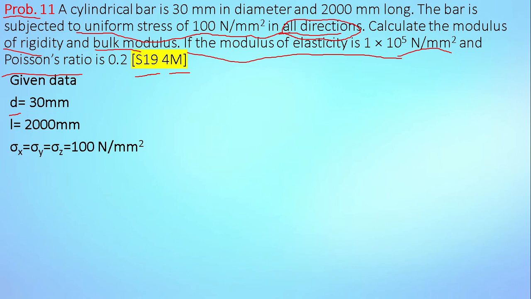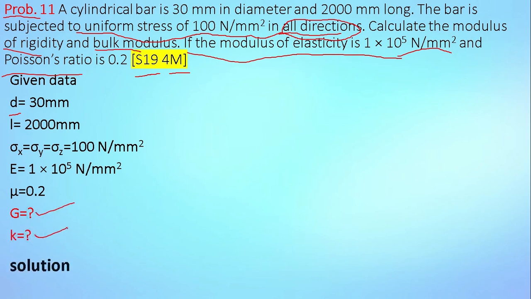This is important, in all directions. That means sigma x is equal to sigma y is equal to sigma z is equal to 100 Newton per mm square. Next, Young's modulus is equal to 1.1 into 10 raised to 5 Newton per mm square and Poisson's ratio mu is equal to 0.2. Modulus of rigidity is unknown and bulk modulus is unknown.